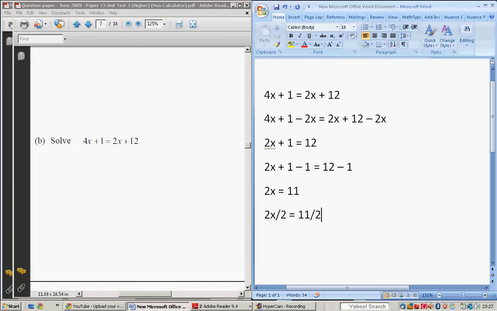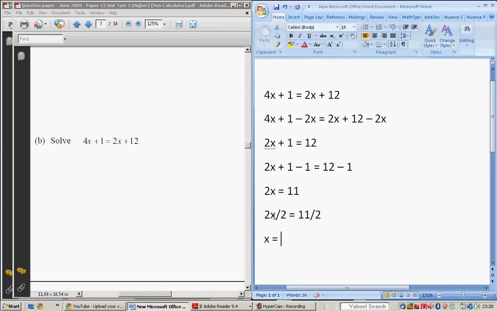We've divided both expressions by 2. 2x divided by 2, well, 2 divided by 2 is simply 1. So it's 1x. A simpler way of writing 1x is simply x. It's that number. You don't need to write down 1 times the number. You just write down the number. 2x divided by 2 leaves us with x.